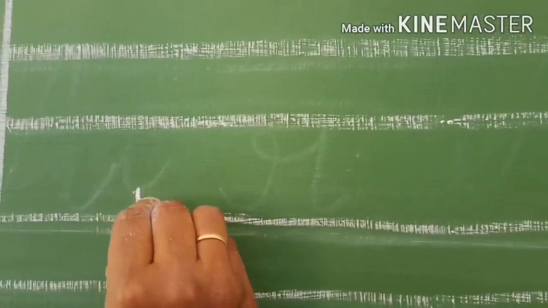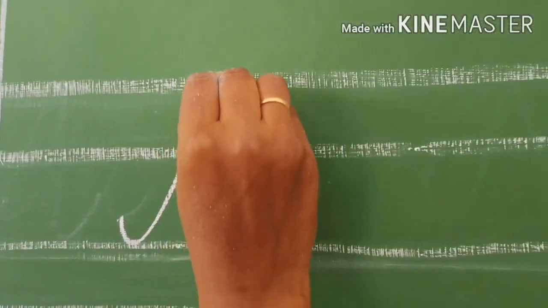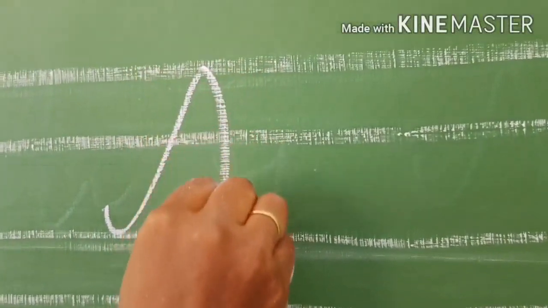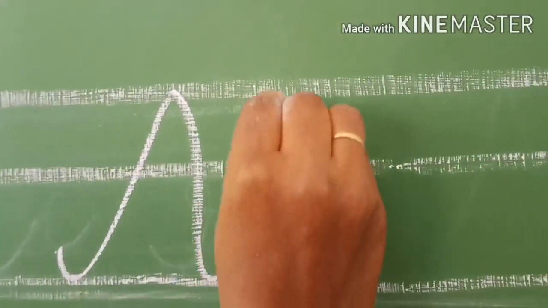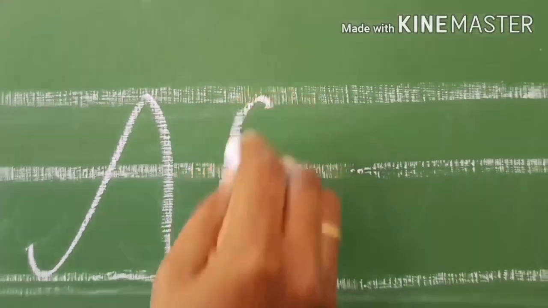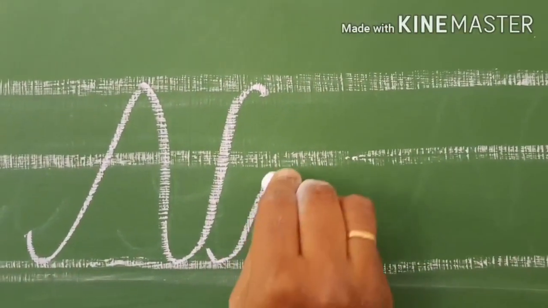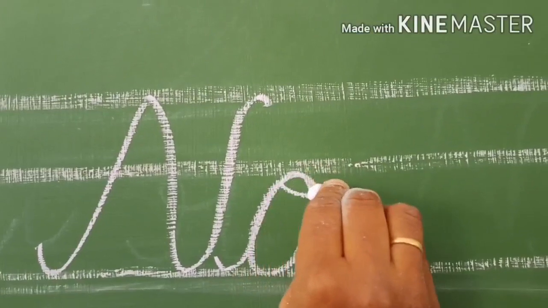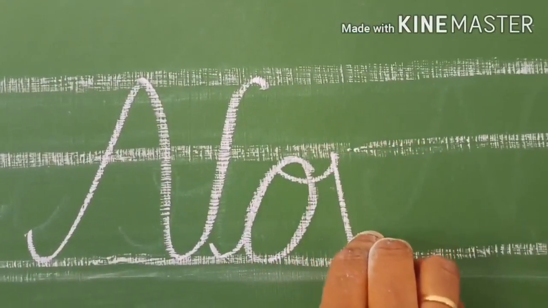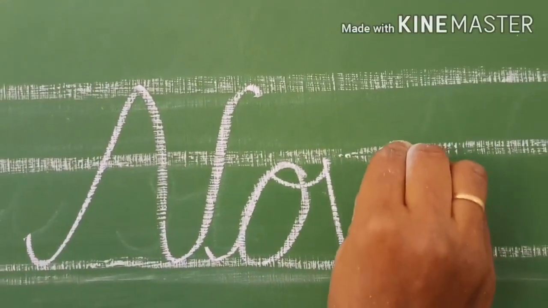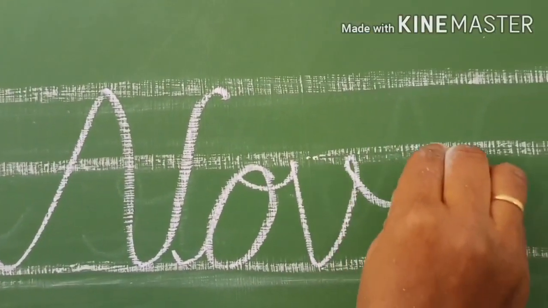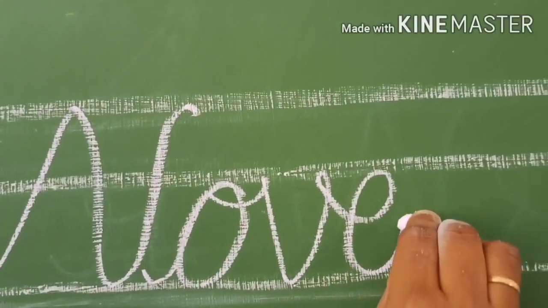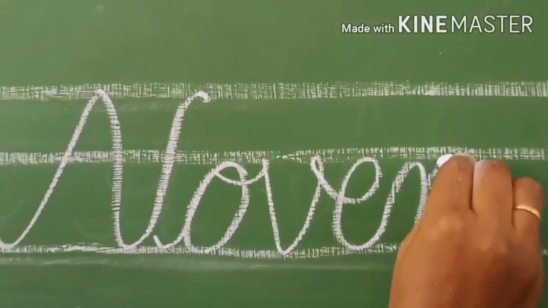November. Capital N, you should touch the top line, middle line and base line. Put one small curve. O, you should touch the middle line and base line. B, you should touch the middle line and base line. Put one small knot. And E, you should touch the middle line and base line.